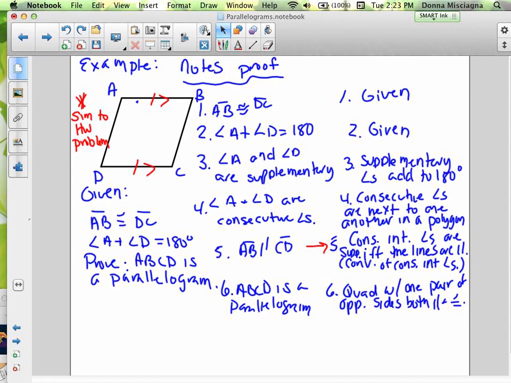Maybe 2. Maybe not both exactly like this, but both of them might use this little piece right here: if you have consecutive interior angles supplementary, the lines have to be parallel. If you need some time to put that in your notes, go ahead and pause it.